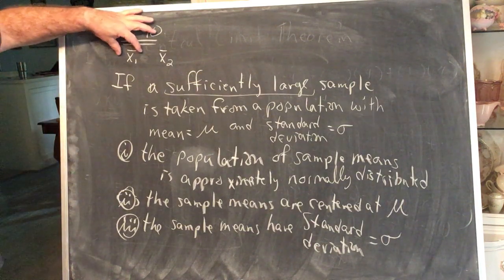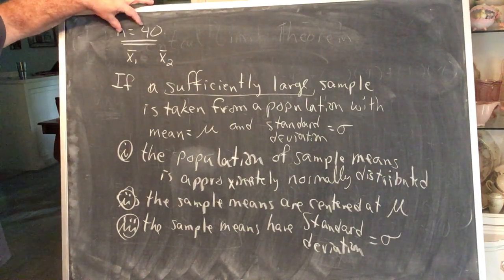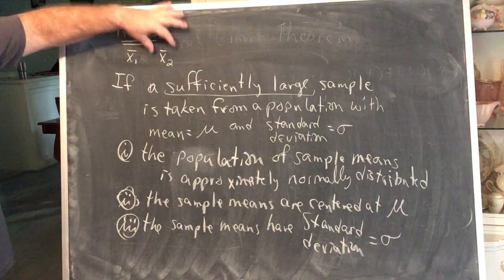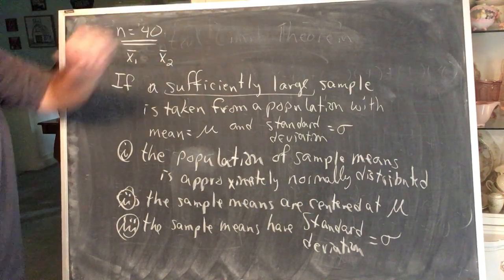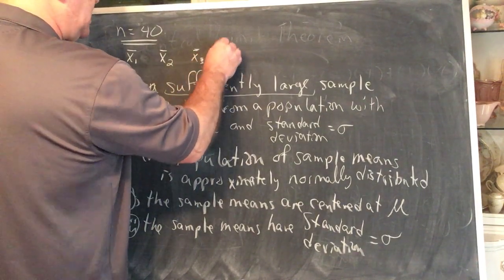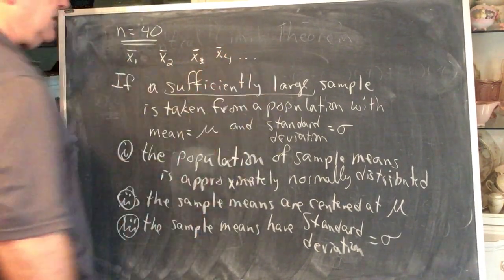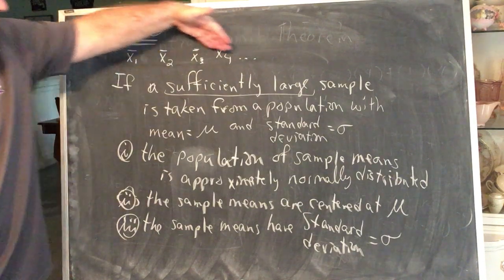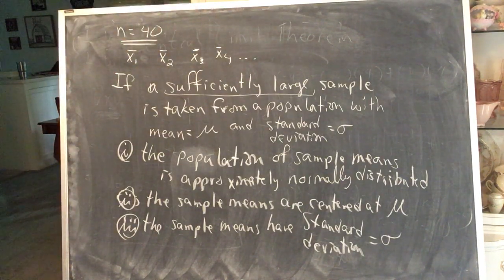And so when researcher number 1 adds up their data and divides by 40, researcher number 2 adds up their data values and divides by 40. When all these different researchers compute all these different sample means, researcher 3, researcher 4, and so on, we will have a collection of sample means.